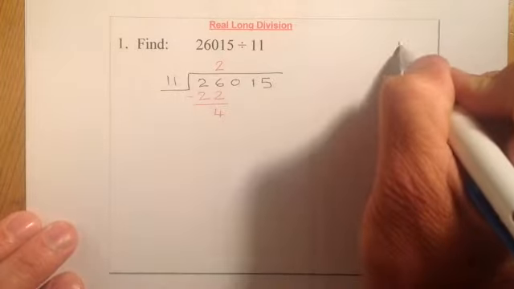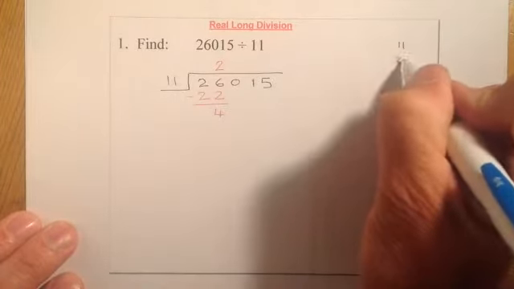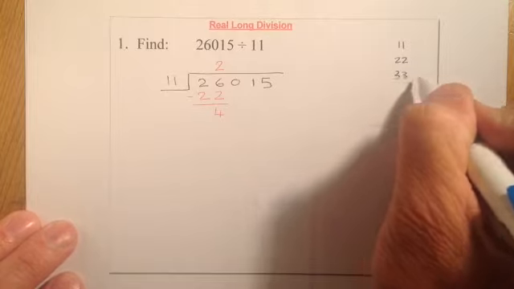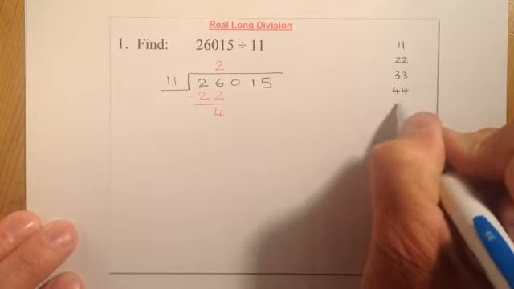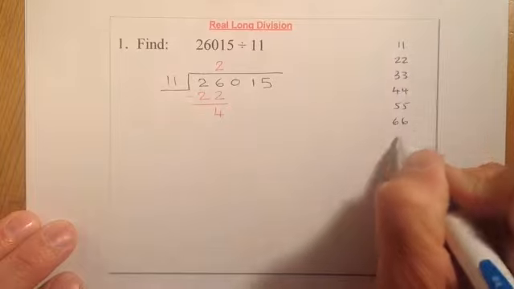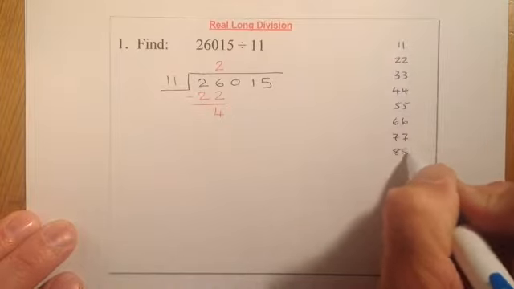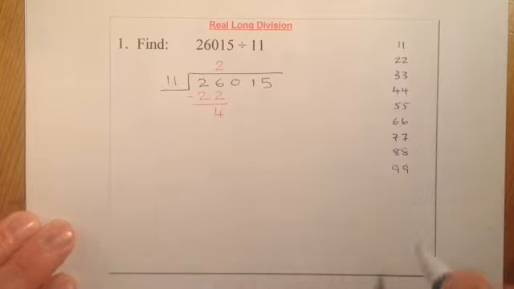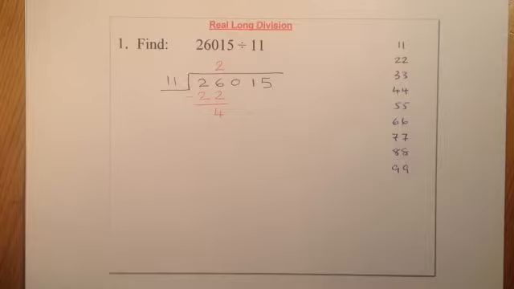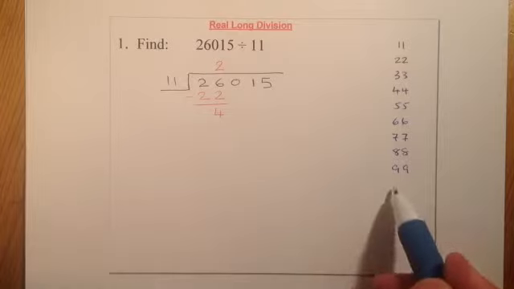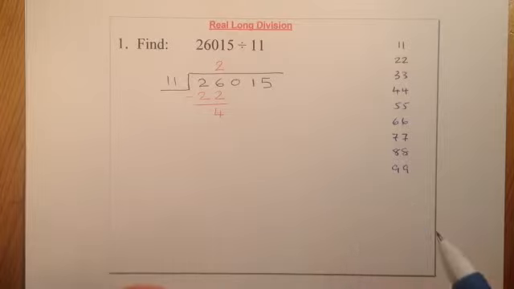So I could go for 11, then 22, 33, 44, 55, 66, 77, 88, 99, and I could go on a bit further if I needed to, but I'm going to leave it at that and just see if that's enough. If I need any more, I'm just going to add them on at the end here.